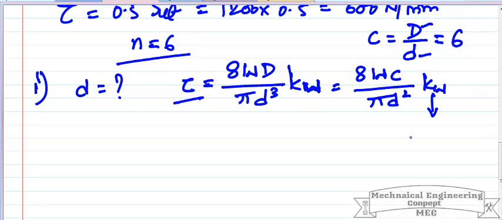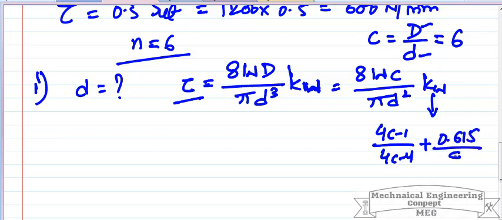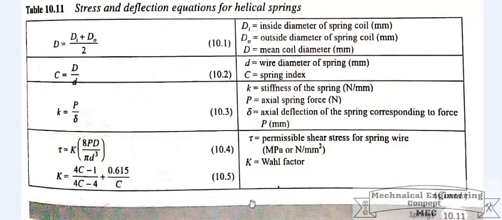and Kw is the Wahl correction factor, which is (4C minus 1) divided by (4C minus 4) plus 0.615 divided by C. And this formula I can take from equation number 10.4 from the design data book written by V B Bhandari, page number 10.11 of the machine design data book.